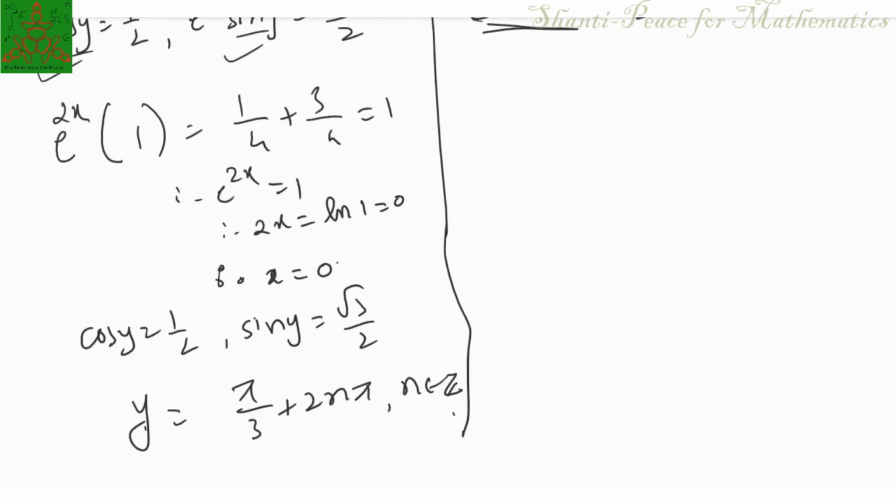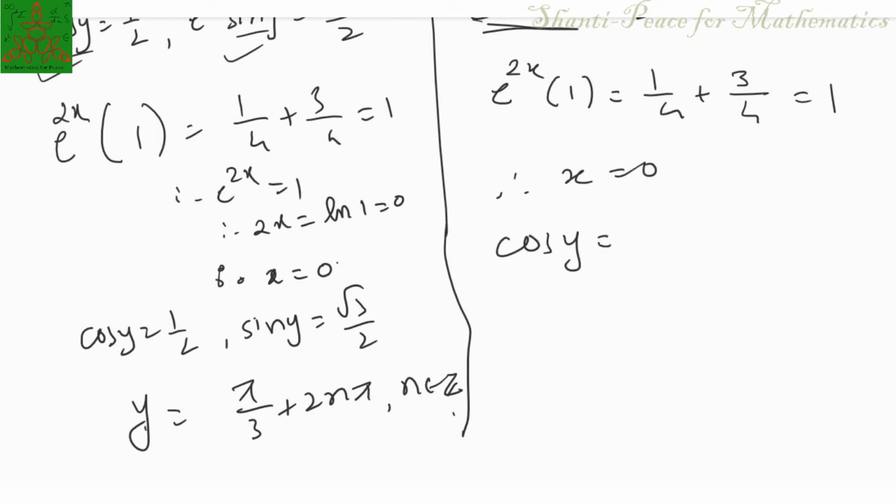Again you will have e power 2x into 1, equal to 1 by 4 plus 3 by 4, which is 1, so x will be 0. So cos y will be 1 by 2 and sin y will be minus root 3 by 2.